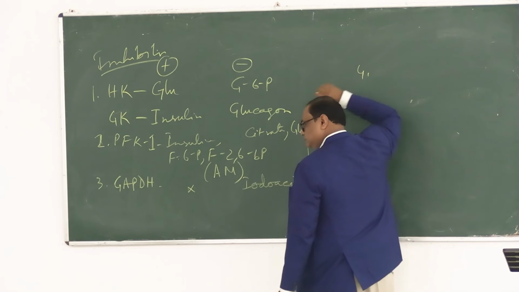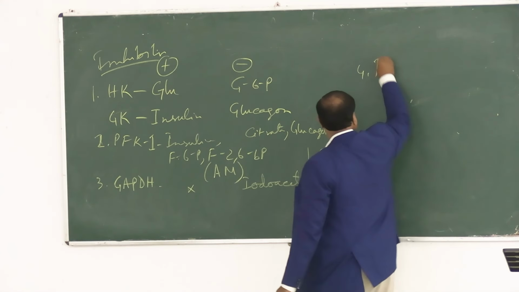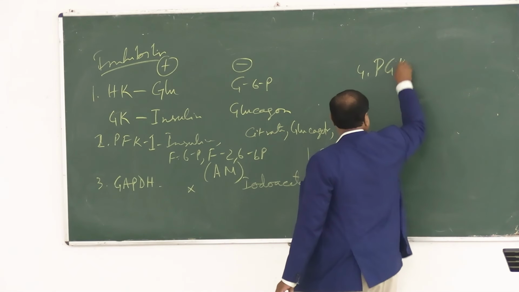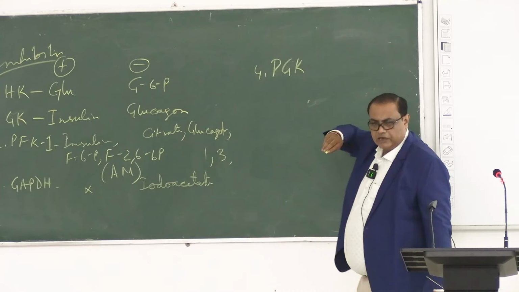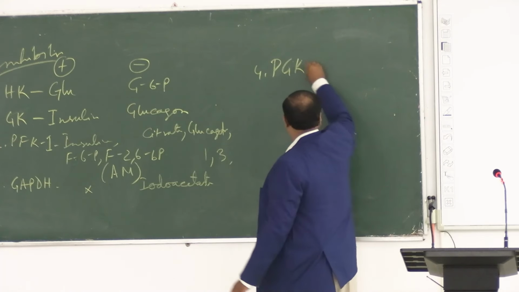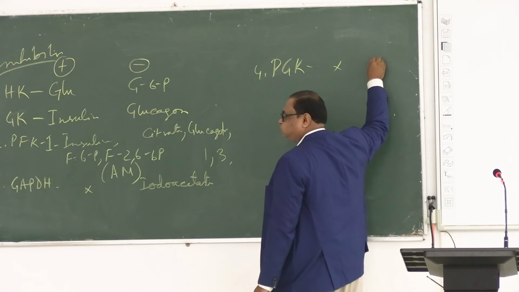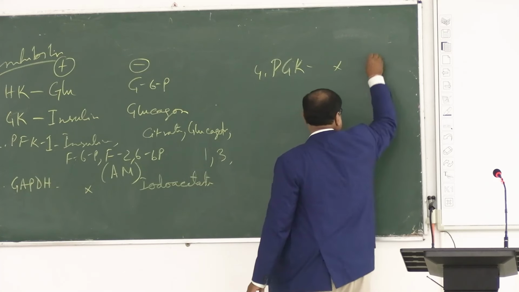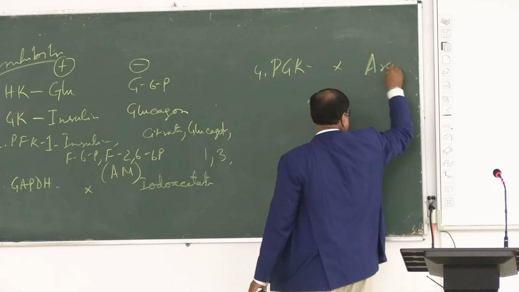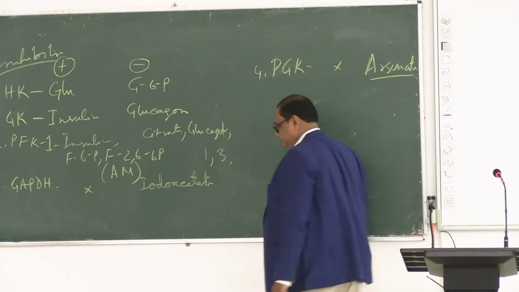Then step number 7, phosphoglycerate kinase. Arsenate.